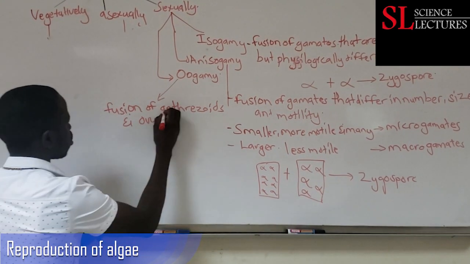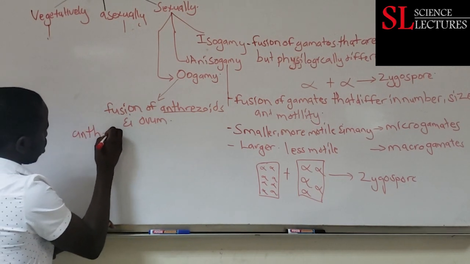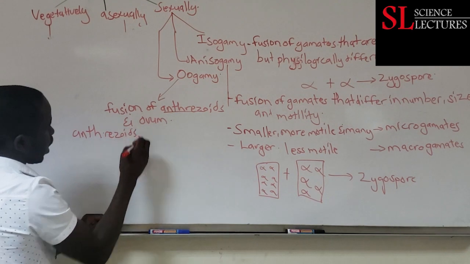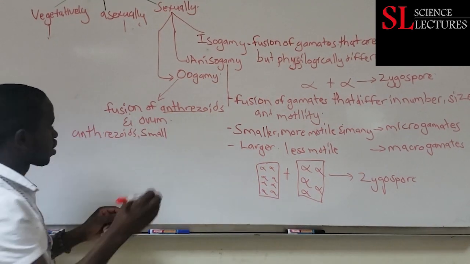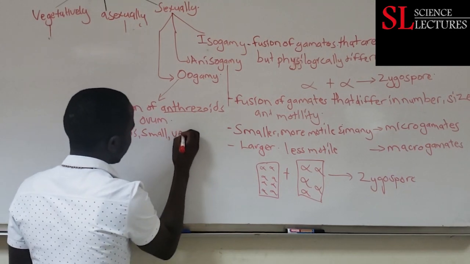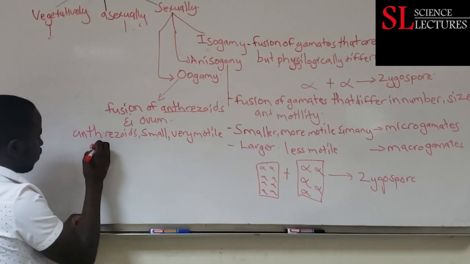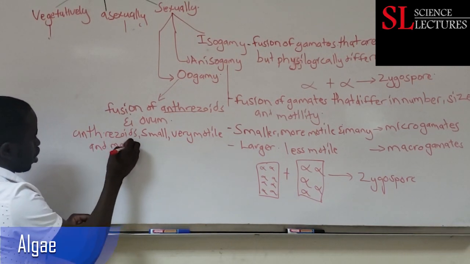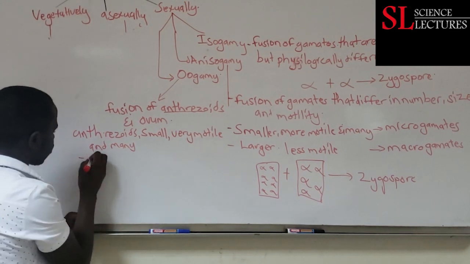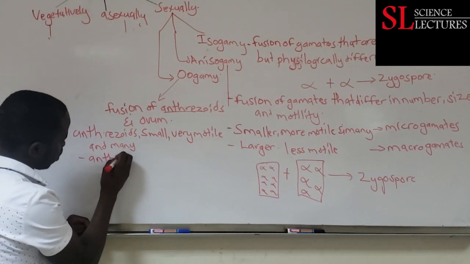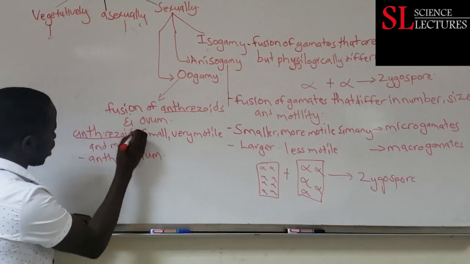So let's talk about the antherozoids briefly. Antherozoids are small in size, motile and many, and they are produced by what we call the antheridium. Those are the antherozoids.